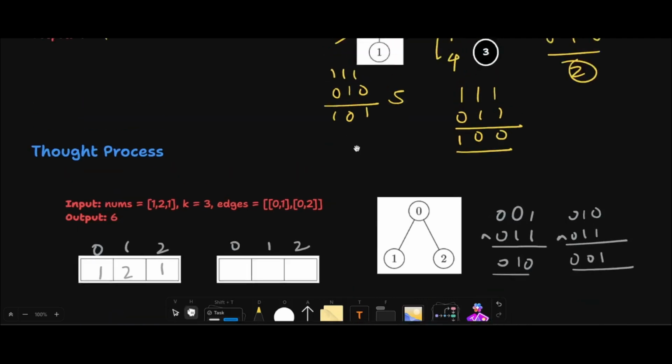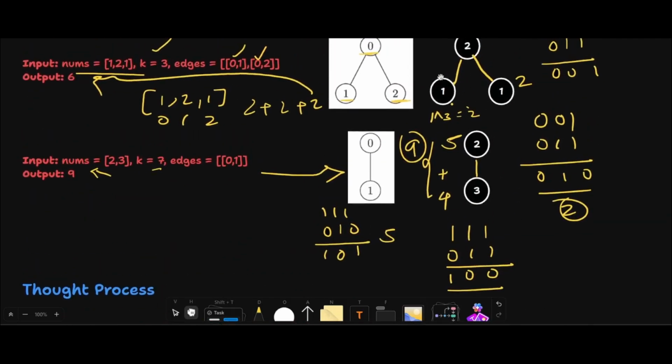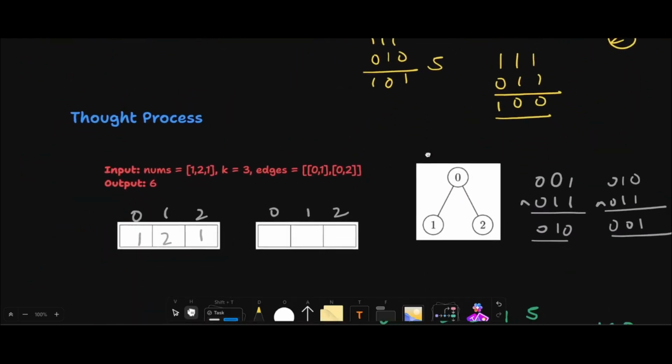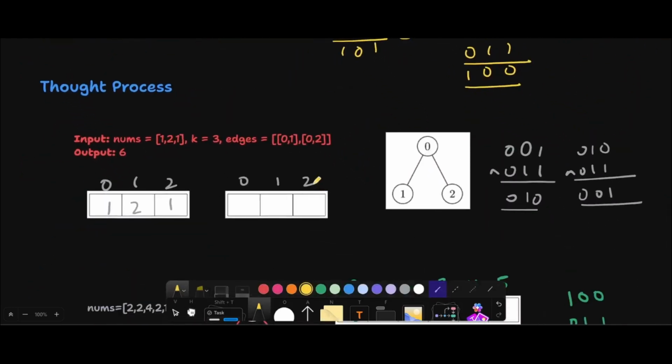In the first example, we directly did XOR to all the numbers. As you can see, if you do this, you have to do this. If you do this, you have to compulsorily do that. So let's see if we can derive the same thing, if we can do something by XORing all the numbers, or we cannot XOR it.